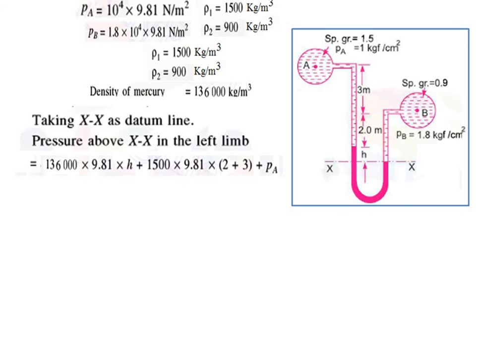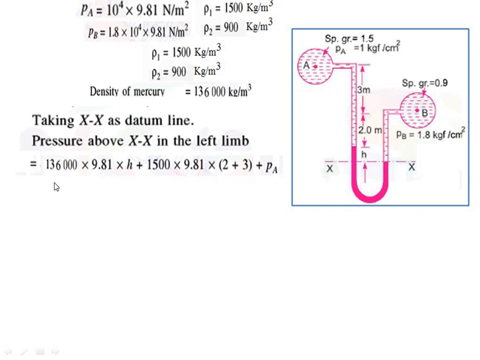For the left limb, the equation is: density of mercury rho m into G into H, plus rho 1 G into this total gap, so it is nothing but 3 plus 2 meter, plus pressure at point A. Similarly, for the right hand limb, it is rho 2 G into this total height, plus pressure at point B. So this total height is nothing but 2 plus H. So it is rho 2 G into 2 plus H plus PB.